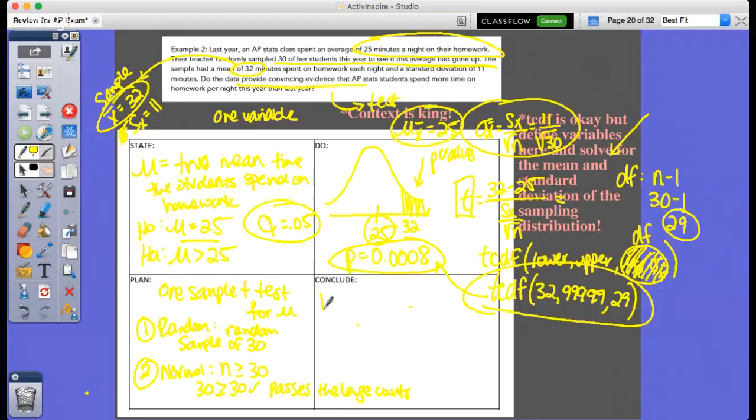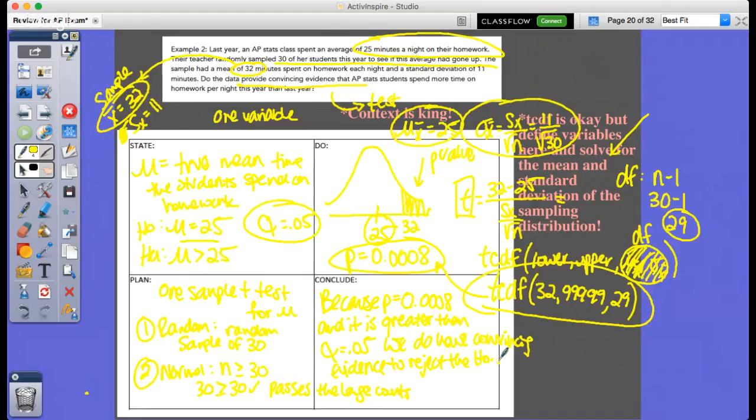So we would say that because P is equal to 0.0008 and it is less than our alpha level of 0.05, we do have convincing evidence to reject the null.